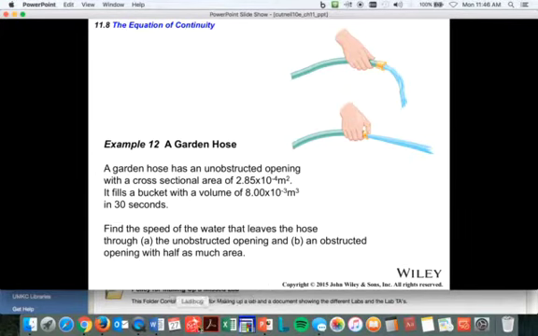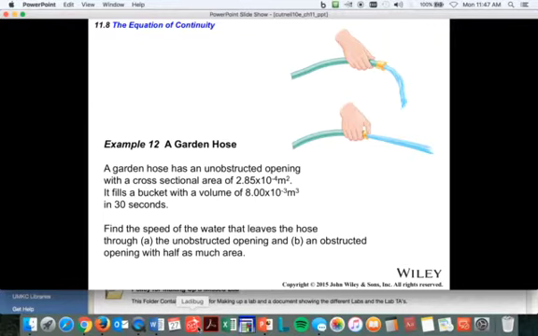So real quick, let me write down the thing. A1 is equal to 2.85 times 10 to the negative 4 meters squared. A2, the new opening, would be half that area, so that would be 2.85 divided by 2 times 10 to the negative 4 meters squared. Luckily, they didn't give us half the radius. They've already given us the area, so that's nice.